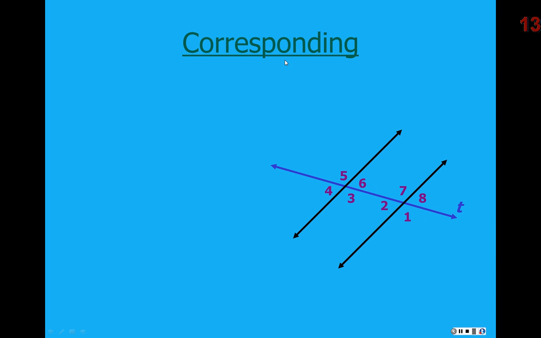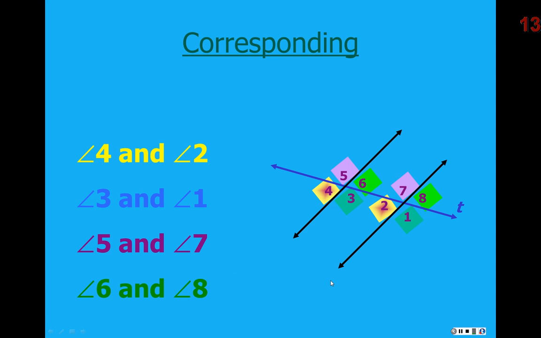So 6 would be equal to what if I picked it up and dropped it? 8. 5 would be congruent to 7, 4 would be congruent to 2, and 3 would be congruent to 1. So you're just picking it up and throwing it on top of each other. They correspond. 4 is the same as 2, 3 is the same as 1, 5 is the same as 7, and 6 is the same as 8. Just pick up the first set of vertical angles and drop them on the second set of vertical angles that are formed in a transversal.